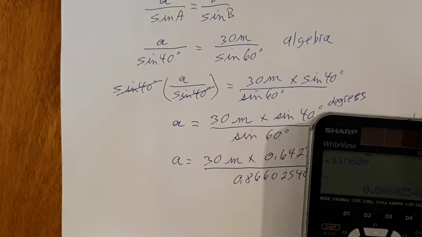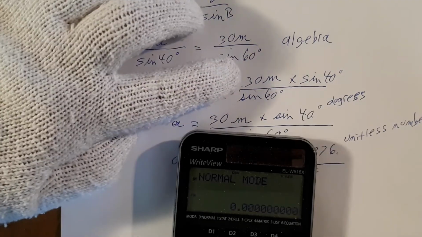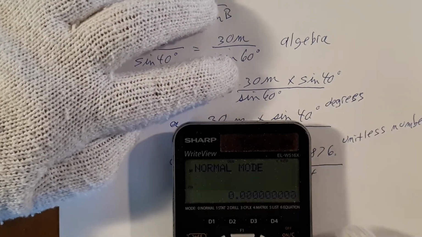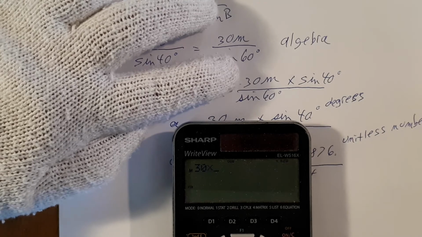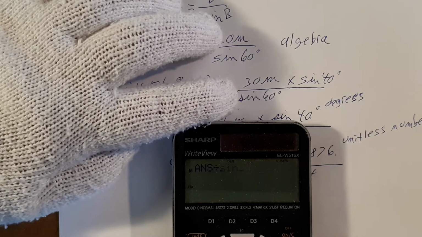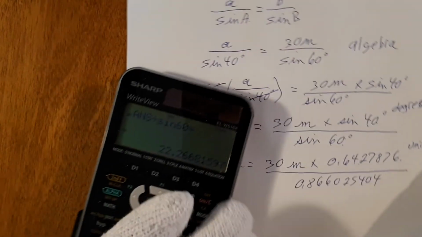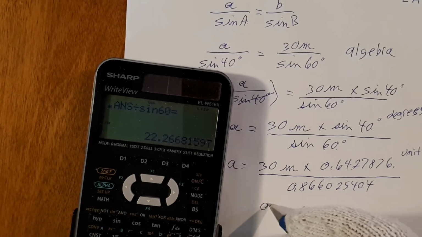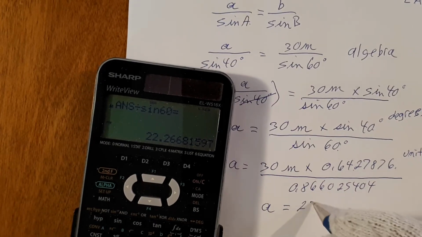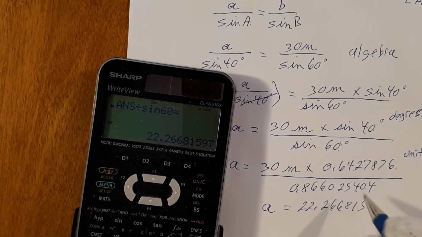Let's do this now in our calculator. And I'm going to go back to the original one here. It's 30 times sine 40 equals, divided by sine 60 equals, and the number, as you can see, the length of side A is 22.2668815.